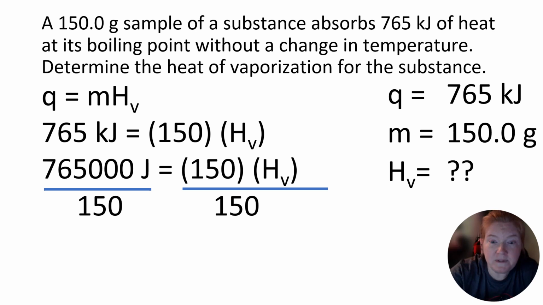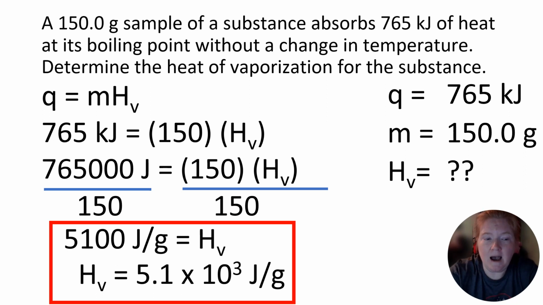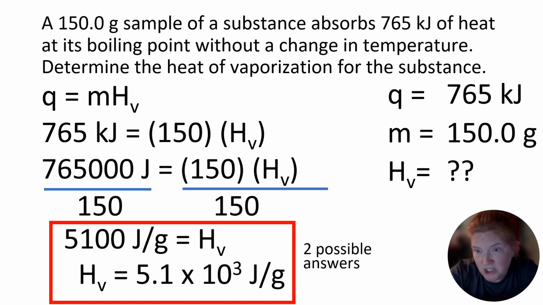Now I'm going to divide both sides by 150, which will give me the heat of vaporization. Now, if I had not done that, my answer would not be wrong, but instead of being in joules per gram, it would be in kilojoules per gram. It just depends how the question is worded, okay? So it could also be written like this in scientific notation. So those are two possible answers.